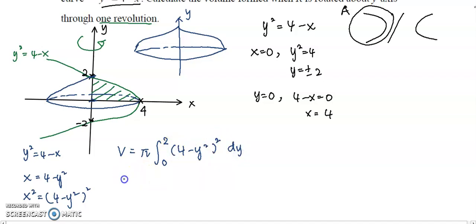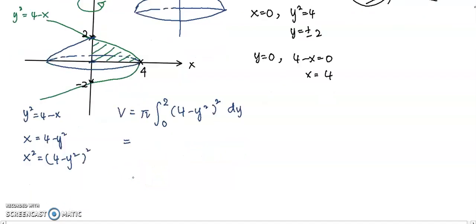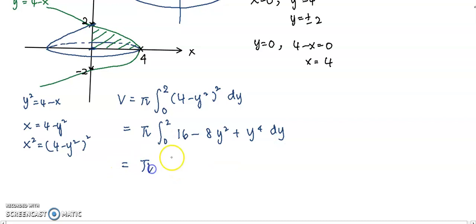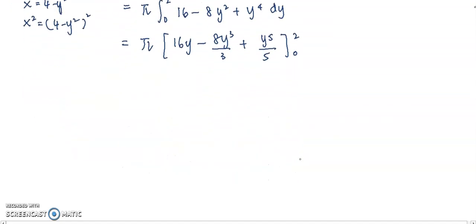Integrate with respect to y because this is rotated about the y-axis. Before you integrate, you need to expand it first. You get 16 minus 8y squared plus y to the power of 4. Now we start to integrate. Integrating, you get 16y minus 8y cubed over 3 plus y to the power of 5 over 5, from 0 to 2.